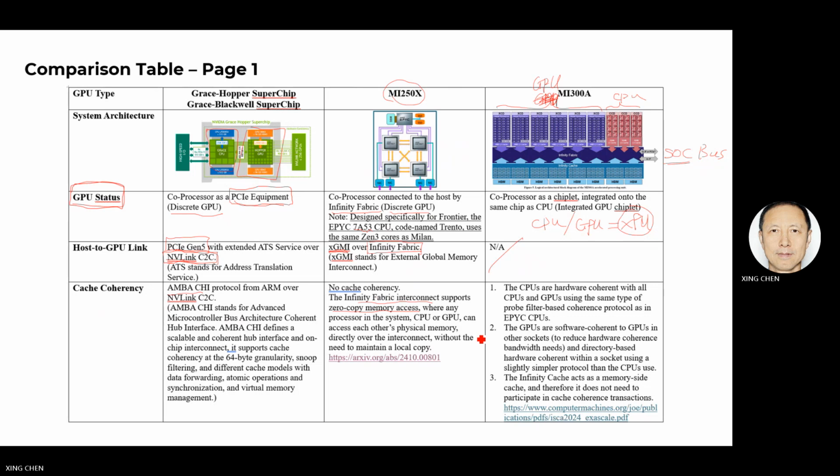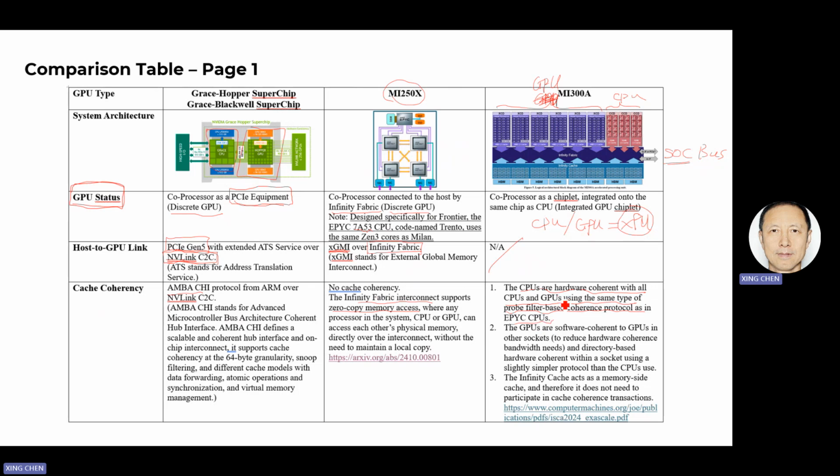Okay. Now we will move to MI300A. For MI300A, the cache coherency is everywhere. So the CPUs are hardware coherent with all CPUs and GPUs using the same type of probe filter-based coherence protocol as in EPYC CPUs.